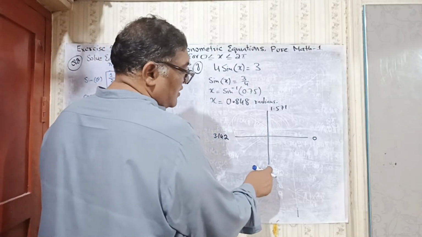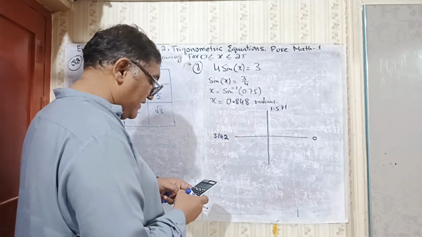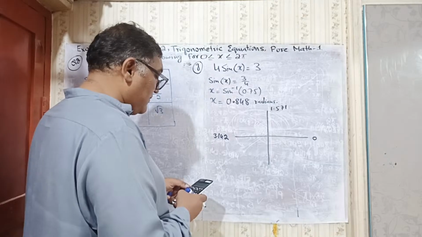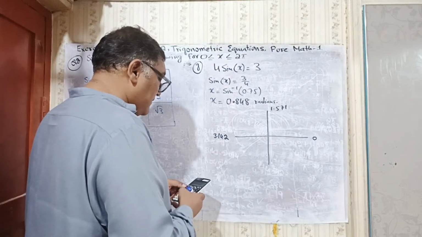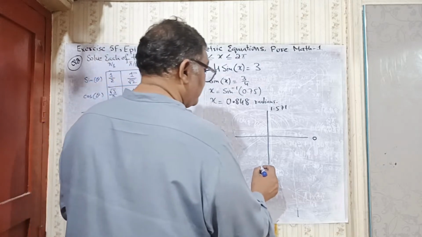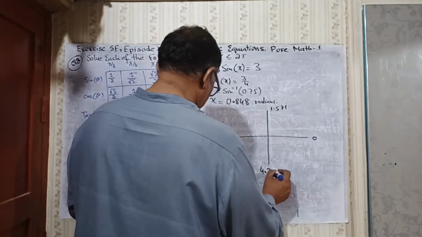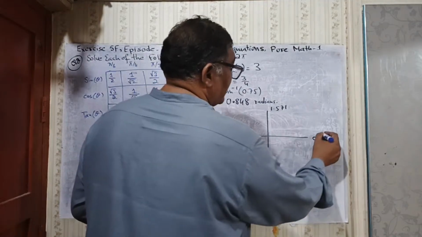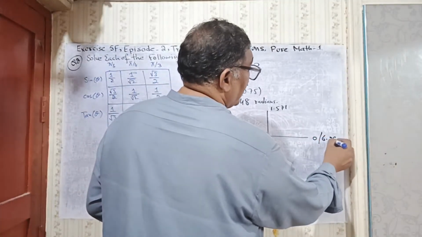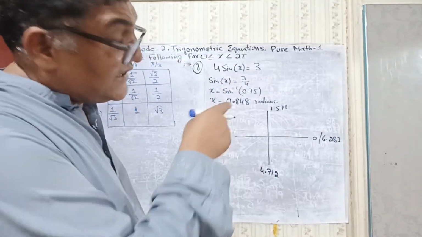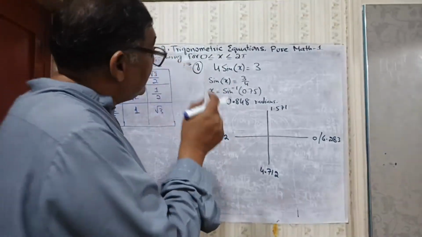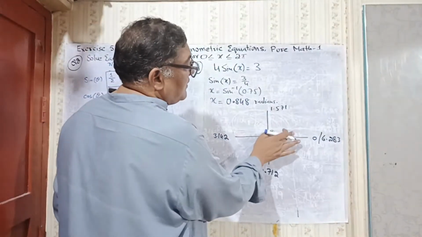This is 1.5 pi, which is 1.5 multiplied by pi, and it is 4.71. And this is 2 pi, 6.28. Okay, this is 0.848. It will be here somewhere.